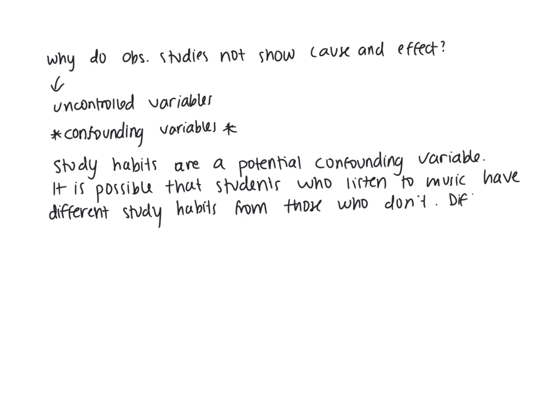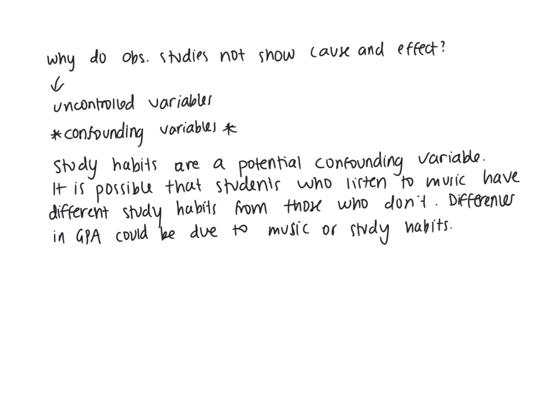Differences in GPA then could be due to music or study habits. There's no way for us to tell. Confounding variable is any potential difference between the two groups, but it has to be something reasonable. That is what most of your homework is on.